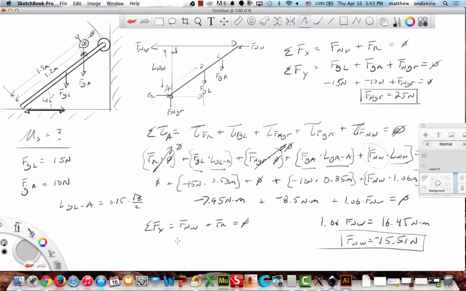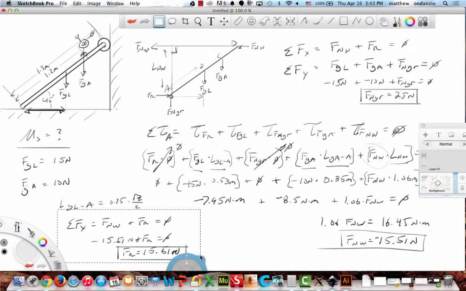So negative 15.51 newtons plus FR equals 0. So FR is going to equal 15.51 newtons. That's my friction force.